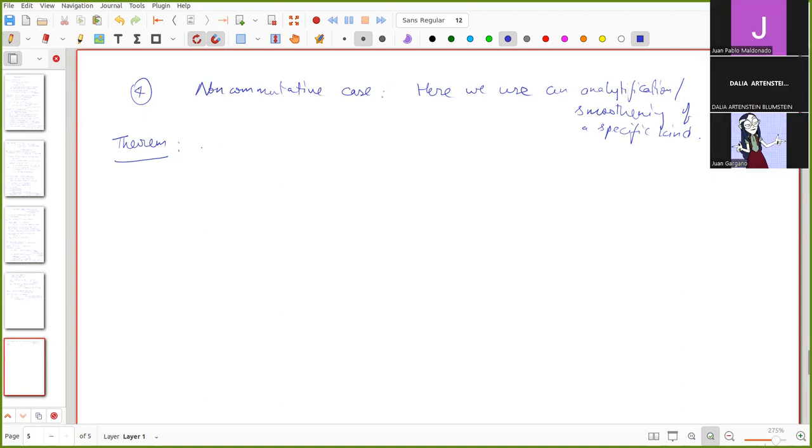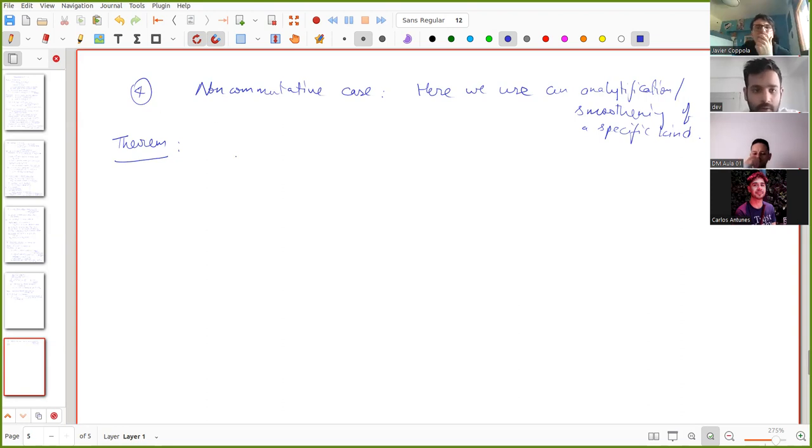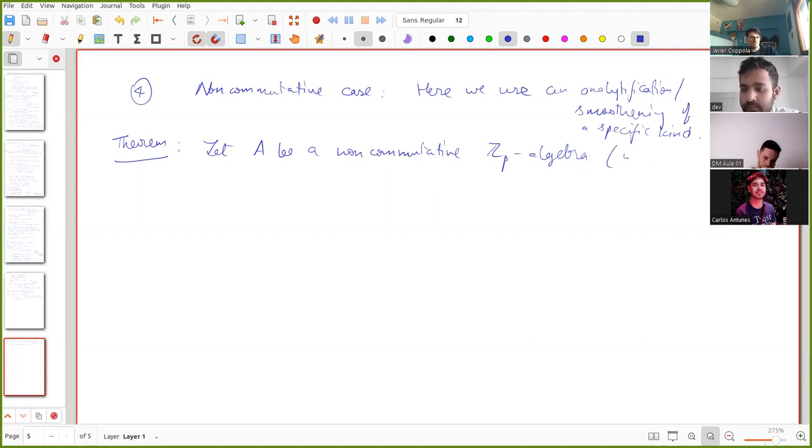Okay, so the result is as follows. Let A be a non-commutative Z_p algebra, and let's say it does not have p torsion. Then A to A dagger.